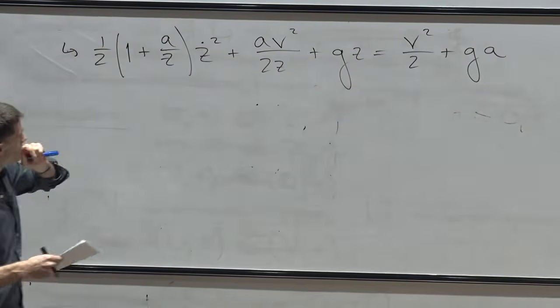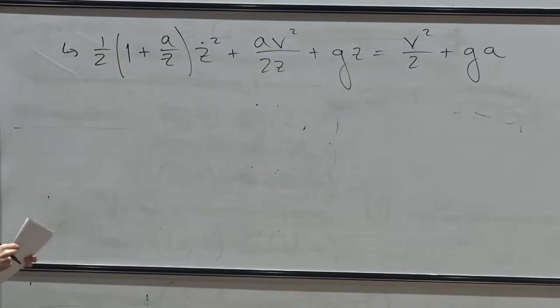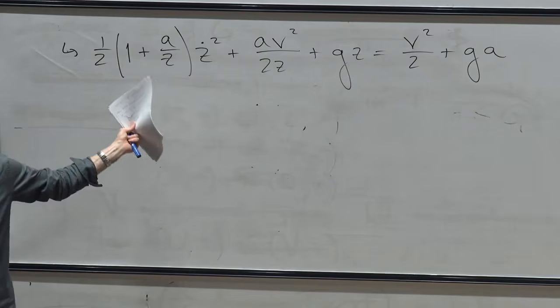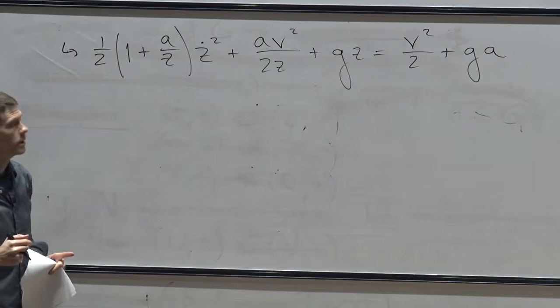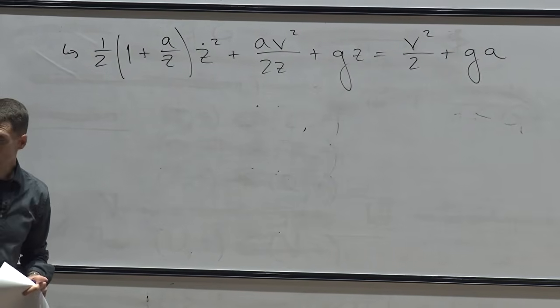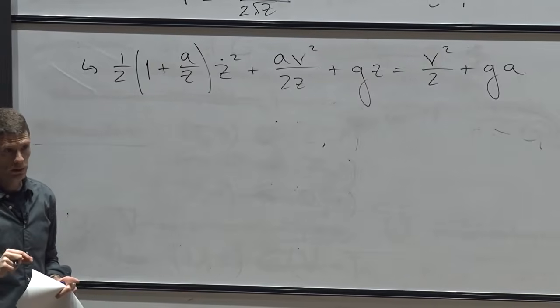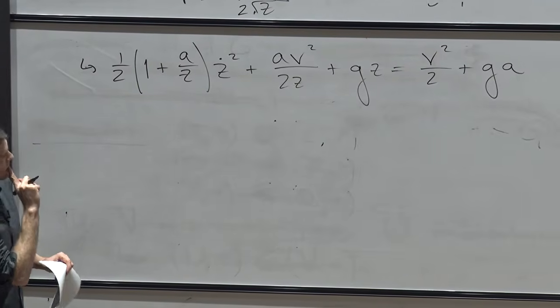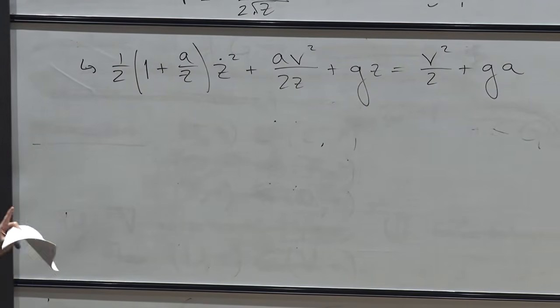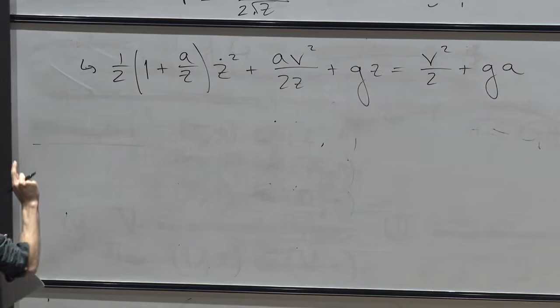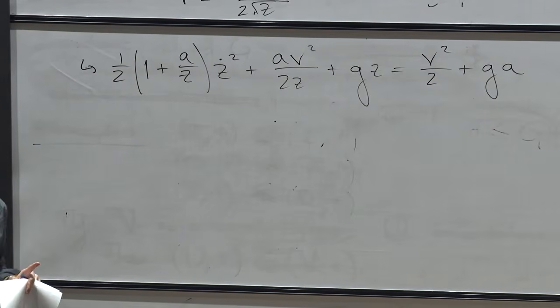Now, as I said, this is quite hard to solve exactly. But my question was, does the marble reach the bottom of the bowl? And this equation looks a bit like T plus V equals constant.